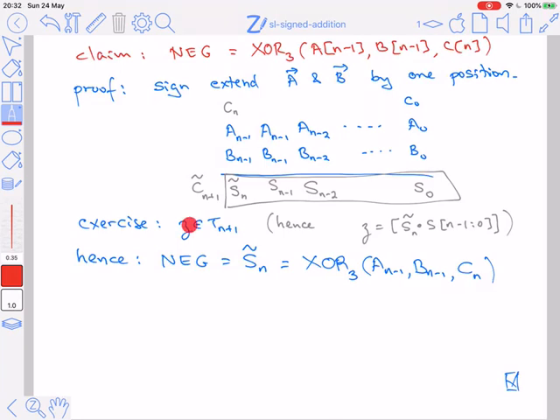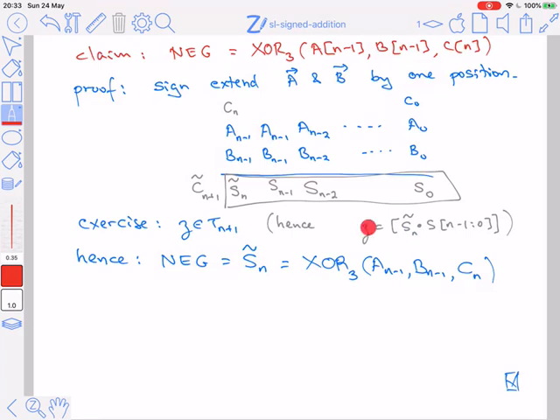Now, I'll leave it as an exercise that the desired sum is always in Tn plus 1, namely it's representable in 2's complement representation using n plus 1 bits. No overflow. Because there's no overflow, we know that this part represents the desired sum. So Z is represented by S tilde n concatenated with S from position n minus 1 to 0 in 2's complement representation.